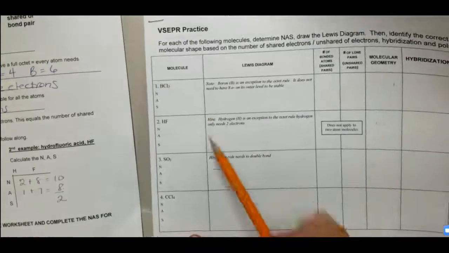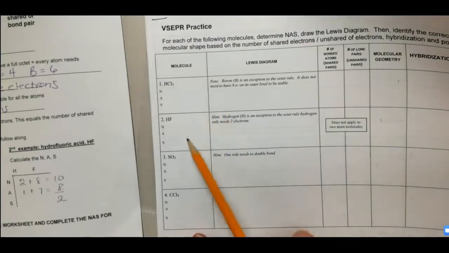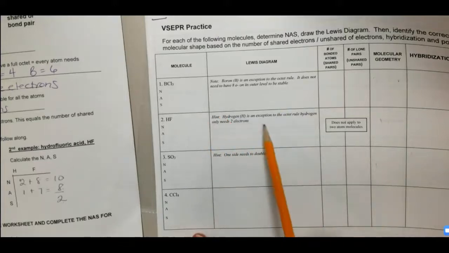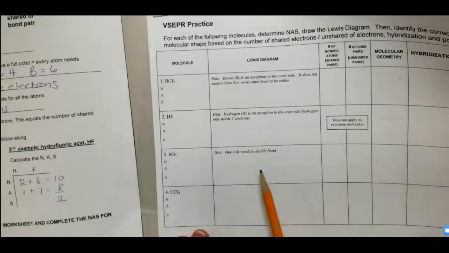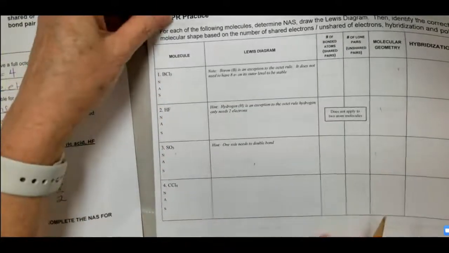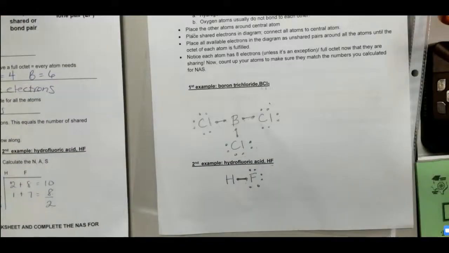You're going to go here, all right? Notice 1 and 2 already done for you, right? So you're going to go practice some of these. I'm going to talk about this guy right here in my next video, silicon trioxide. Okay, but I want you to go do that. Let me know if you have any questions.